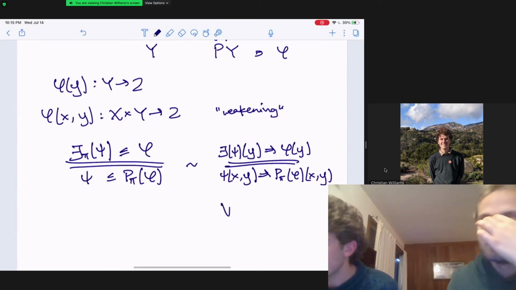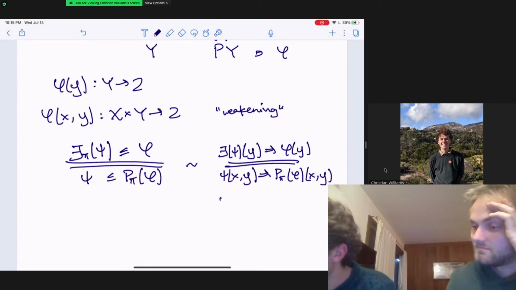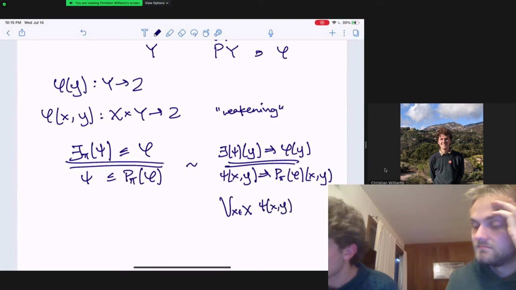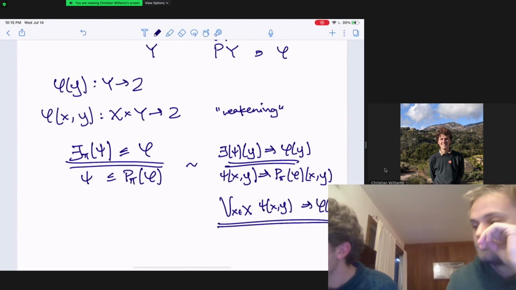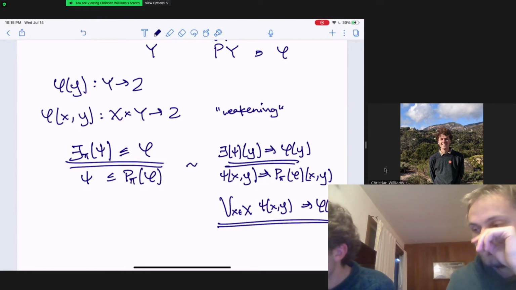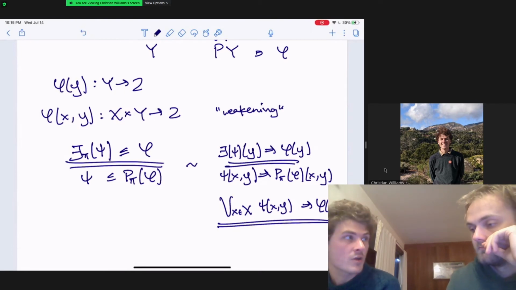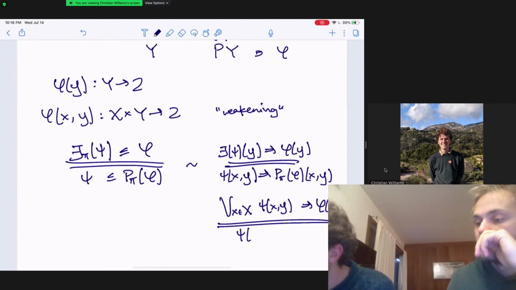It's a big or over all x in X of phi x y implies, and we're just saying the poset version of coproduct, because a map out of a coproduct is equivalent to just a bunch of maps out of each thing.